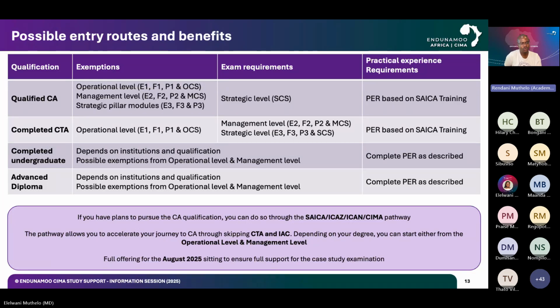Then number two, our case study support, we schedule it two months, or 6 to 8 weeks to be more specific, before the specific sitting. So right now, because we are going to be offering our support from the August 2025 sitting, that means our support will start the first or second week of June. It will run June to July, and then July to August, and you sit.